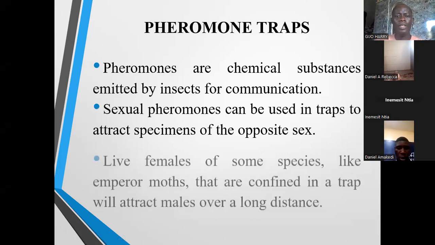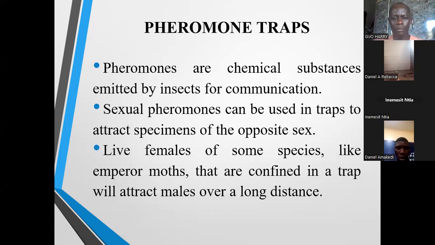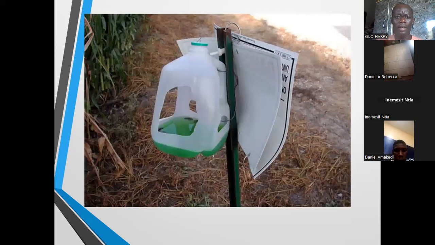So these substances are synthesized to attract insects, like the emperor moths that produce such pheromone chemicals. And this method is a very effective way of collection of insects.